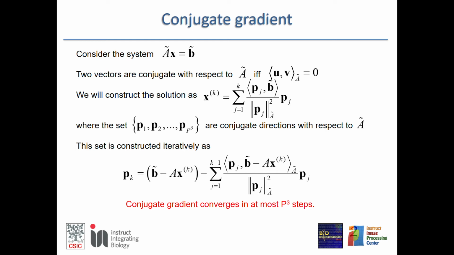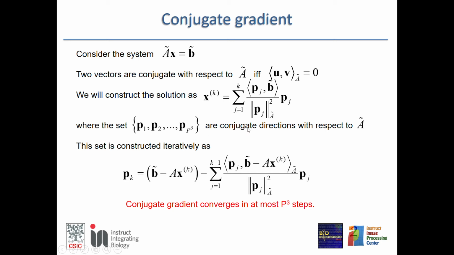Some other algorithm that is very popular, maybe not so much in cryo-EM, but certainly in medical imaging, is conjugate gradient. In conjugate gradient, we have a similar formulation of the problem and a similar iterative algorithm. But the difference is that instead of using the columns of the matrix A, as we are doing in ART, or the rows of the matrix A, as we are doing in ART and SIRT, we are using some other directions.